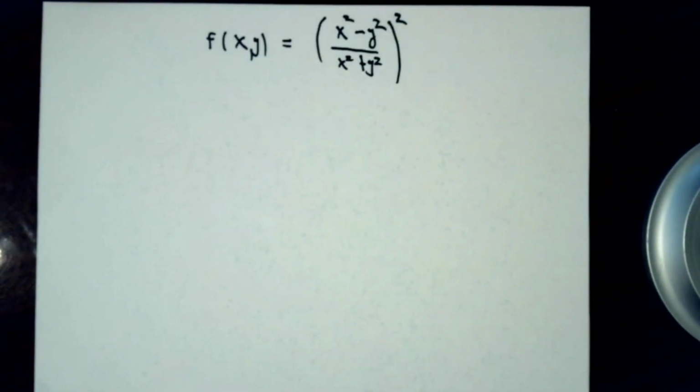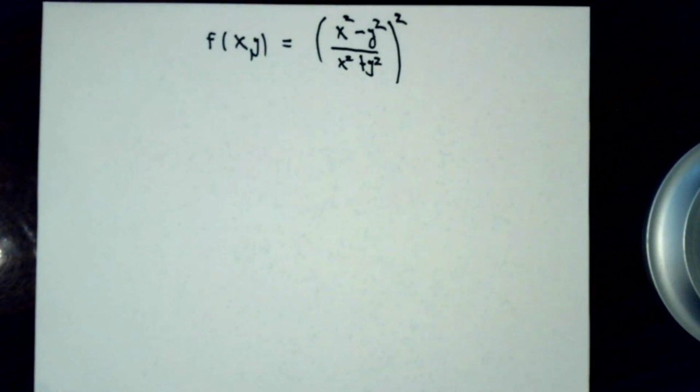As my last example, I want to look at that function whose graph was so strange in the previous discussion. F of x and y is going to be the square of the fraction x squared minus y squared over x squared plus y squared. If I think about where this function makes sense, as long as x and y are not both 0, then the denominator will be positive, and the function value will make sense.